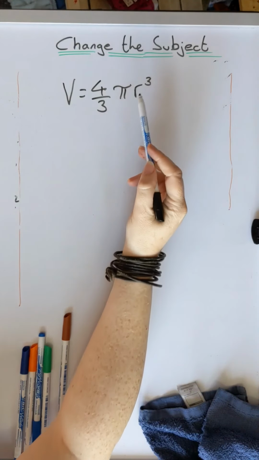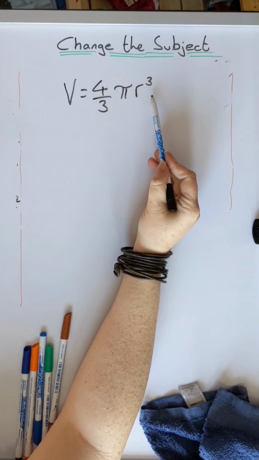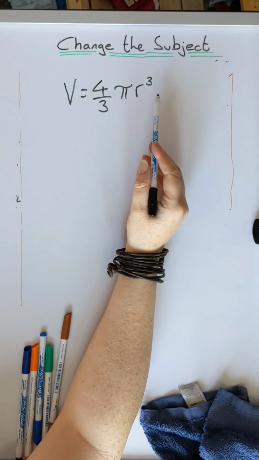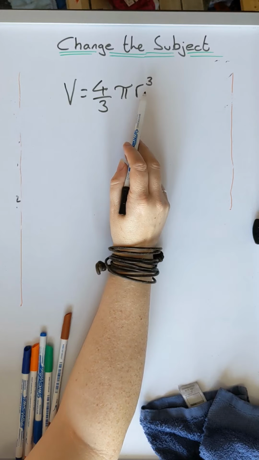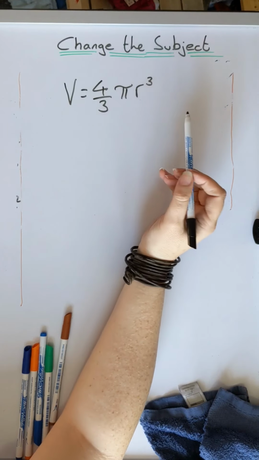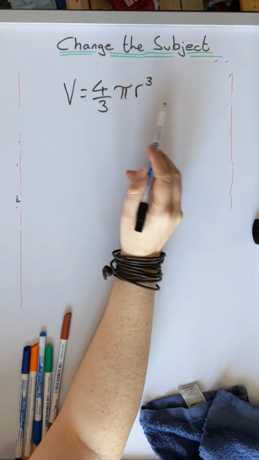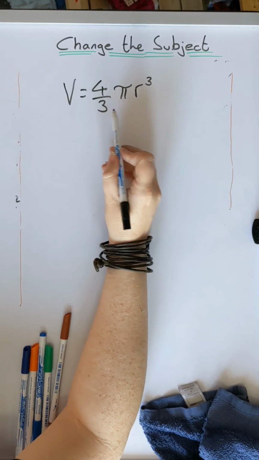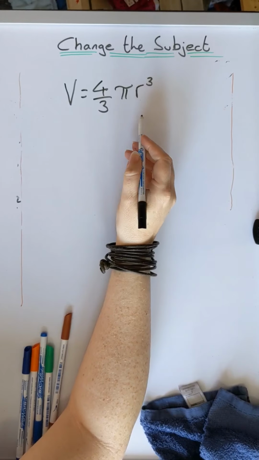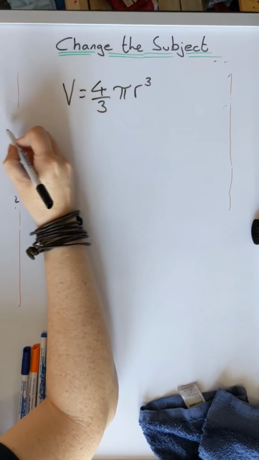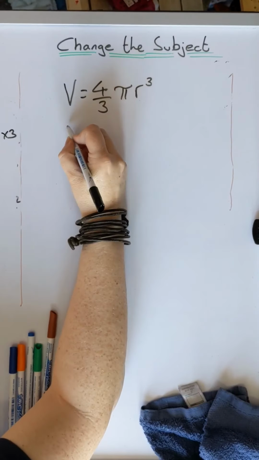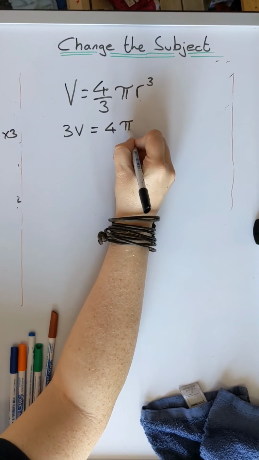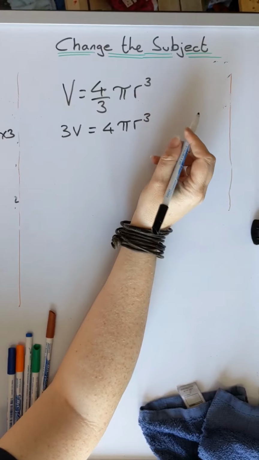If you were given the volume and you were asked for the radius, which is what the r stands for, you need to be able to find out how to find the radius. So we're going to take it step by step. First of all, the 3 is dividing, so we want to get rid of that first of all. So we want to multiply both sides by 3, giving us 3v equals 4 pi r cubed.